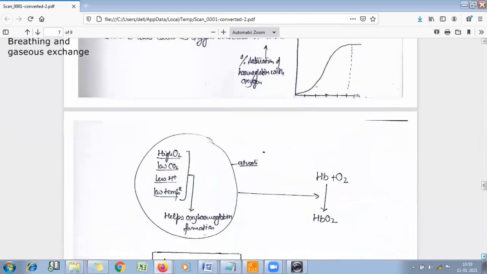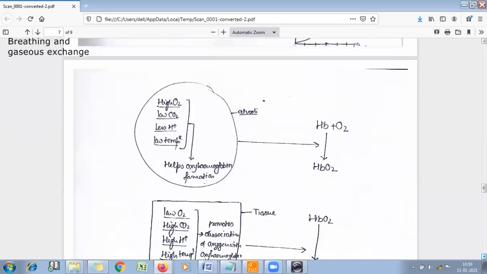Now we can see here some conditions of binding of oxygen with hemoglobin. What happens in alveoli? Oxygen binds with hemoglobin. So there are certain conditions which help the binding of oxygen with the hemoglobin.